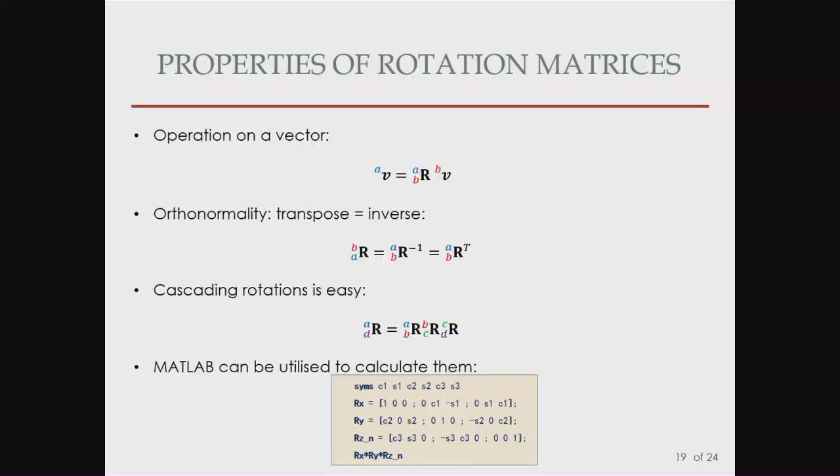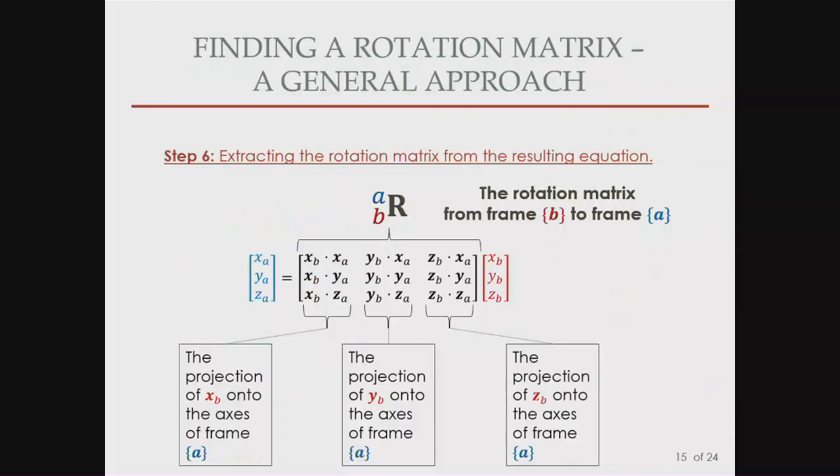The second property is orthonormality. If we look here, how do we construct the rotation matrix? These columns are essentially the vectors xb, yb, and zb in frame A. They are all normal to each other, and they are unit vectors.